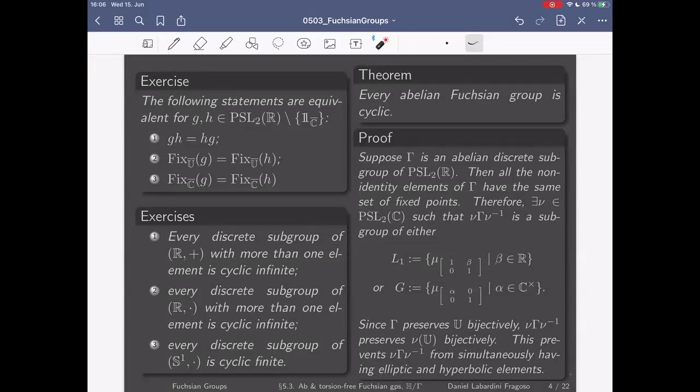And of course, if one of the elements is the identity, then they do always commute. So if they're both not the identity, then we get these equivalences.